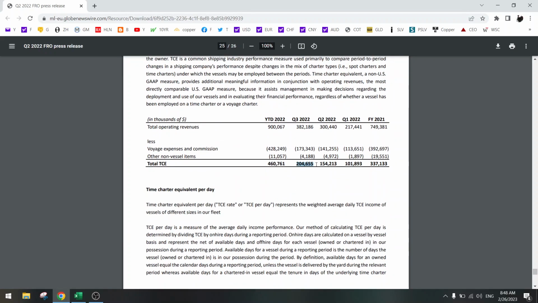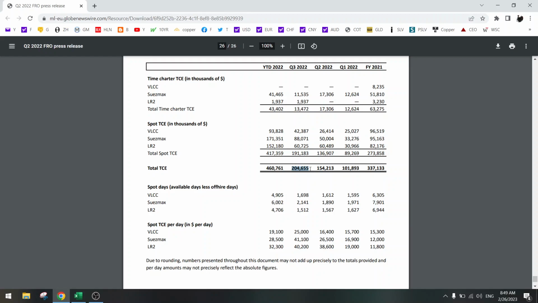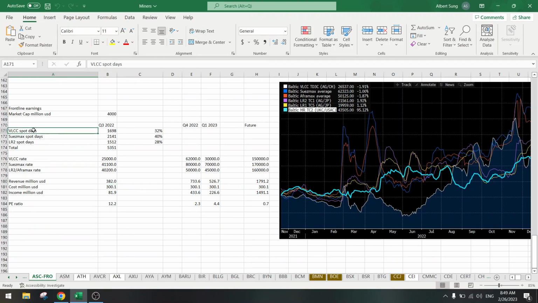That's basically this number here. And spot days, if you do this times the spot TCE, then you get this here. And if you then add all of this, then you get the total TCE, right? So these numbers here are used here. That's the spot TCE that I used.